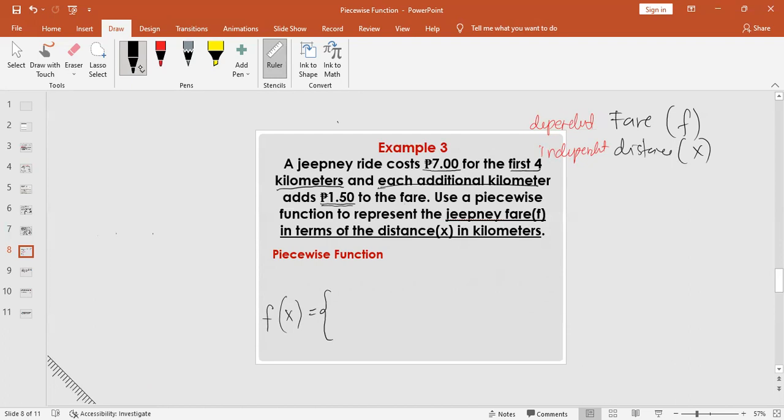There are only two conditions. Pag first 4 kilometers, and the other one is pag lumampas na sa 4 kilometers. Okay? So what do you think will be our first subfunction? Okay, di ba? Dependent variable yung pinagbabasehan natin ng subfunction.